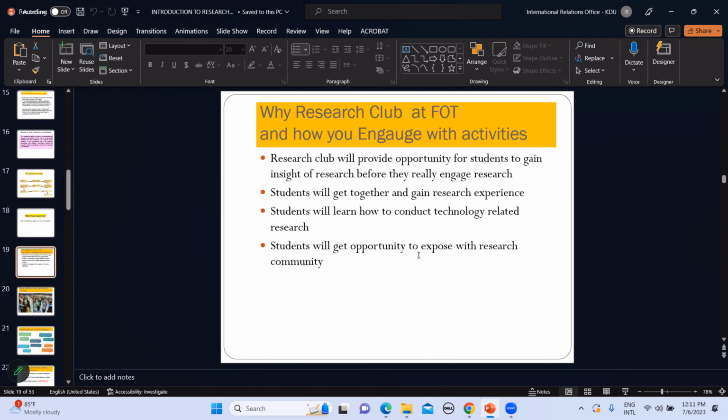Now, we have a research club at the Faculty of Technology, and how you engage with the activities. Actually, I am the chairman of the research cell in the technology faculty. We have appointed a president, vice president, secretaries and a treasurer for the research club. We are organizing the Technovis exhibition of students.